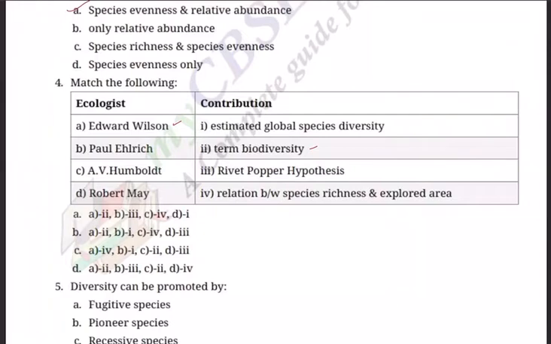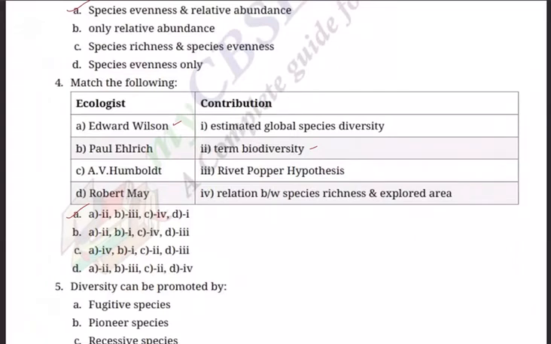Then you go for C, because C also is famous, that is Humboldt. Humboldt, fourth one, relation between species richness and explored area. So based on that, we can say this A should be the answer.